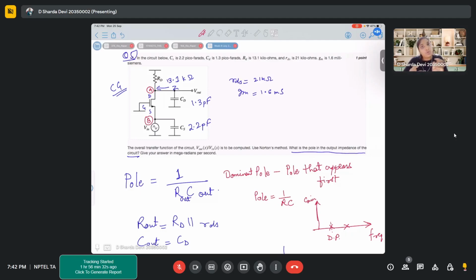Both are capacitances, but their behaviors are different. One is a parallel plate capacitor because of the gate. But the junction capacitor is because of the junction that is formed and how dQ by dV is changing with respect to that junction. So these two are very different from one another. They are not the same.